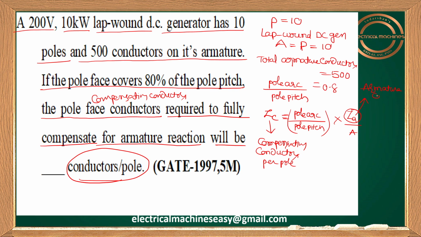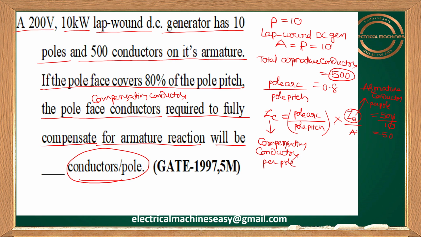Total number of armature conductors is 500, per pole means 500 by the total number of poles 10, so this value is 50.